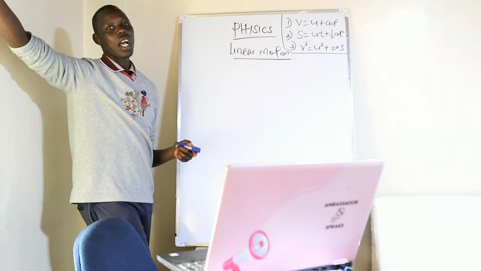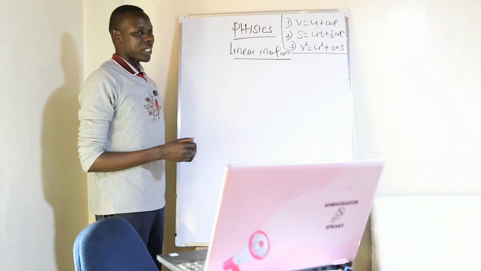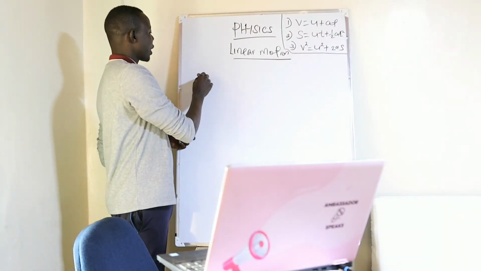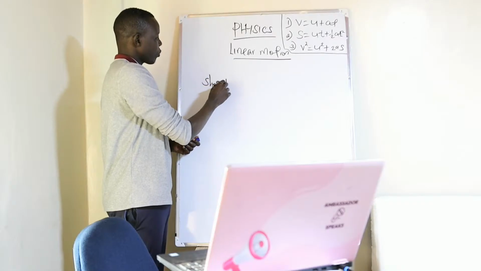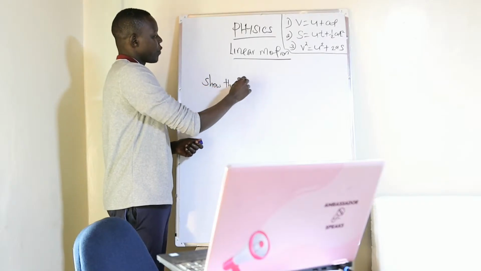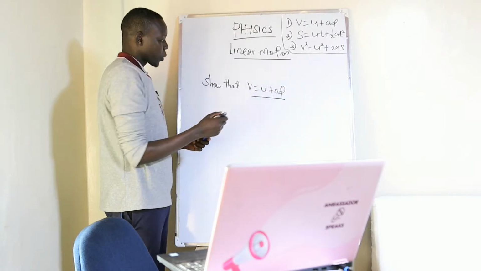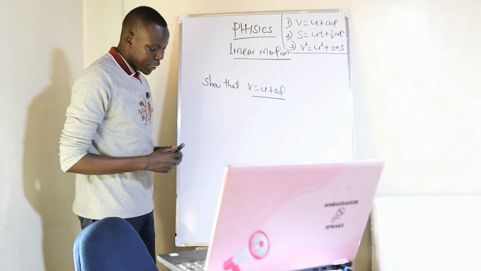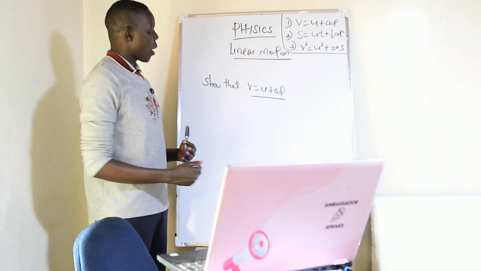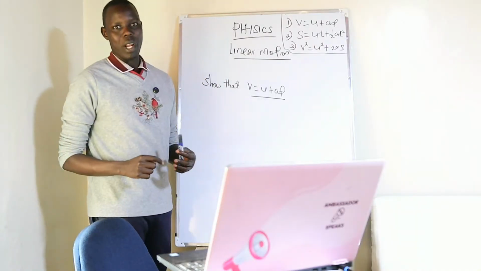But of course, in an exam, an examiner can tell you, show that V is equal to U plus AT. Now this person is telling you, how did we end up coming up with this particular formula?